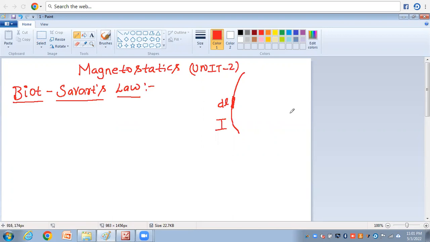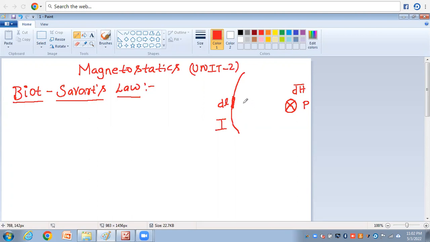Now the magnetic field intensity produced at point P is denoted with dH bar. So this is point P, and the magnetic field intensity dH bar. This cross mark indicates that the field is directed inward.